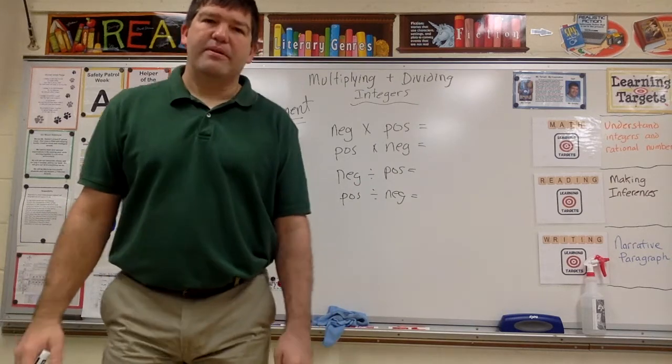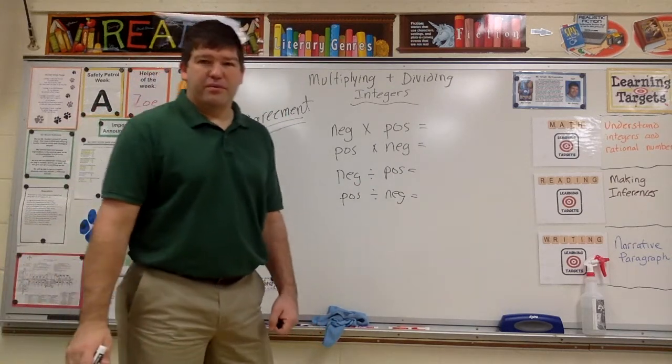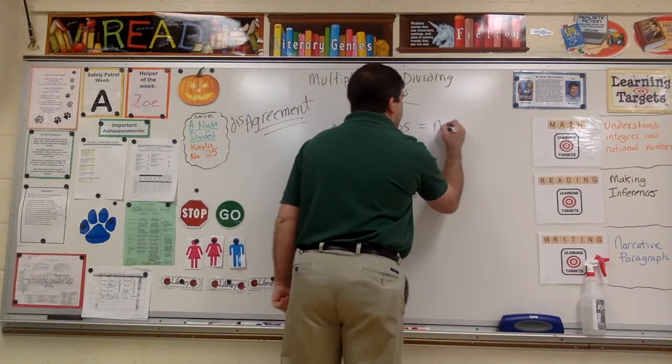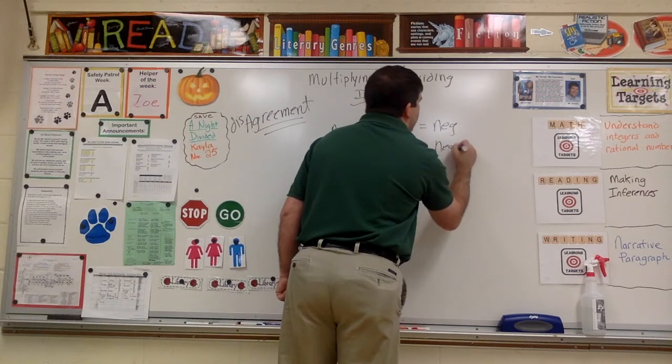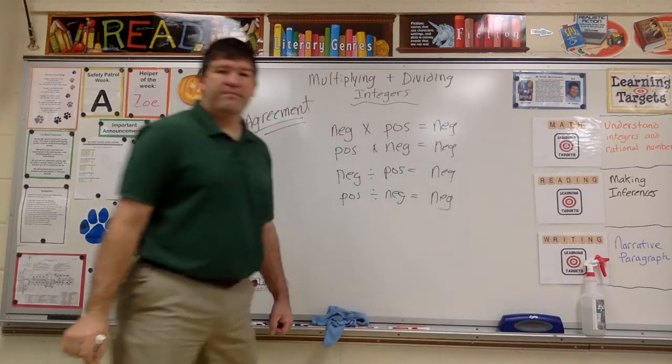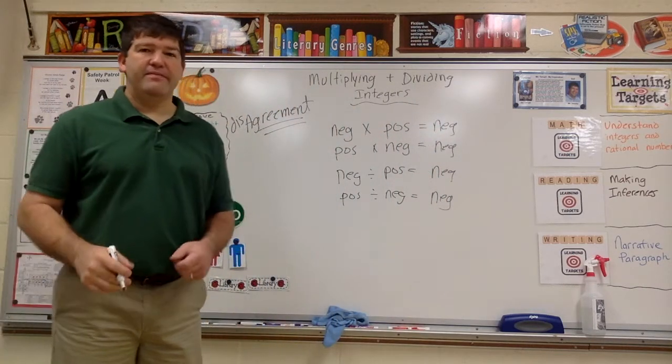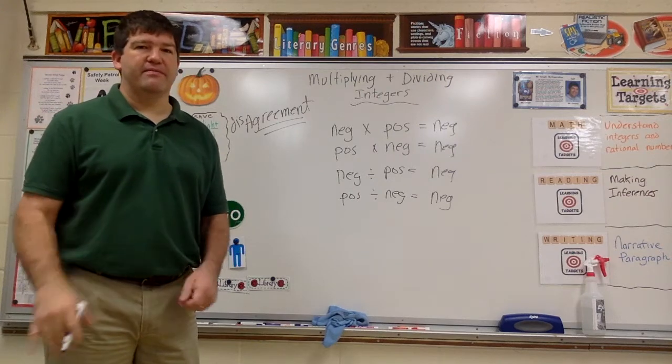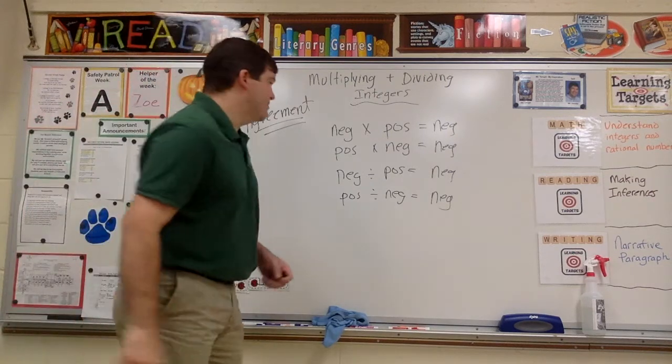Whenever you don't agree with someone, you have the possibility of a negative situation happening. So, negative, negative, negative, negative. If they don't agree, it's negative. If they do agree, positive. That's the rule. Simple, easy.